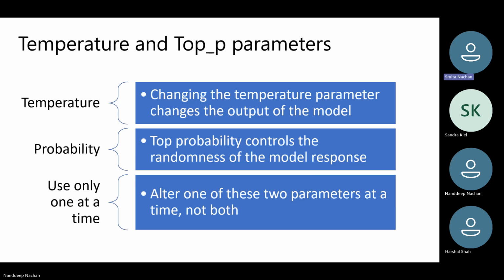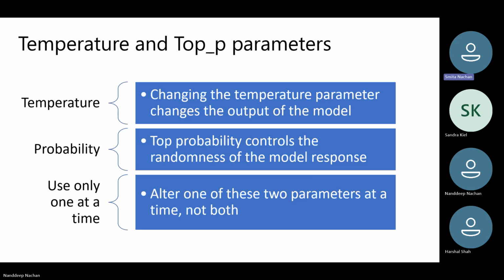A higher value, for example, let's say 0.7, will make the output more random and produce more divergent responses, while a lower value like 0.2 will make the output more focused. A fictional story could be generated using a higher temperature, whereas to generate a legal document, it is recommended to use a much lower temperature.